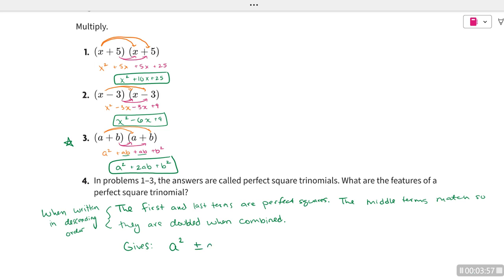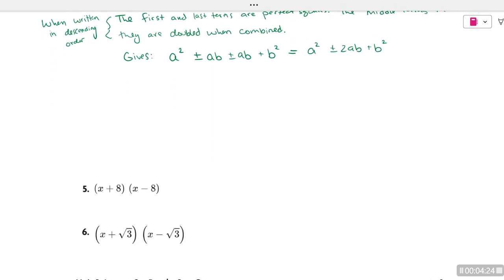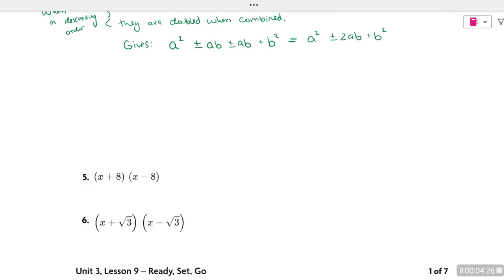This middle term is positive or negative. And this last term will always be positive. So that's going to produce a squared plus or minus 2ab plus b squared. So that's the form of a perfect square trinomial, that we can always assume that these two are going to have the same sign, so we can double them. We can make that 2. It can be positive or negative, where all the other terms will be positive.